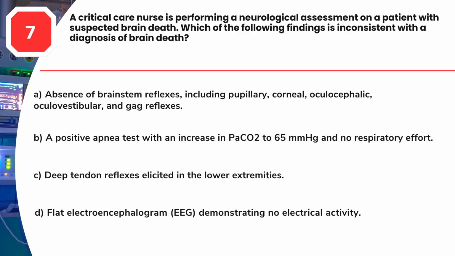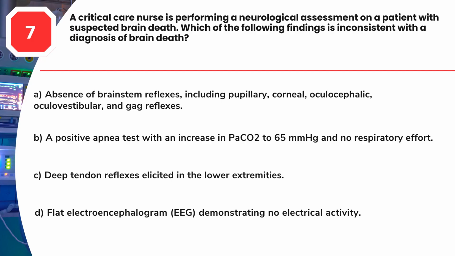Question 7. A critical care nurse is performing a neurological assessment on a patient with suspected brain death. Which of the following findings is inconsistent with a diagnosis of brain death? A. Absence of brainstem reflexes, including pupillary, corneal, oculocephalic, oculovestibular, and gag reflexes.